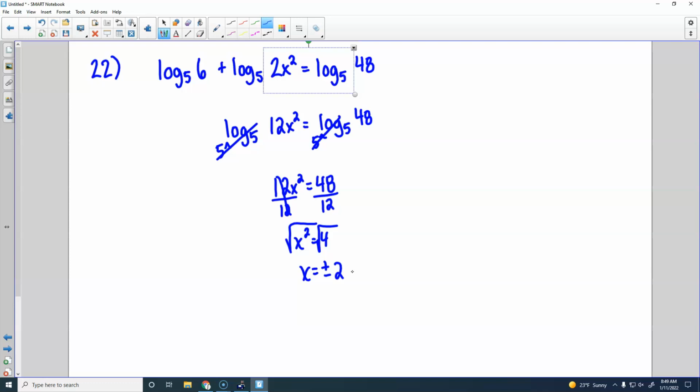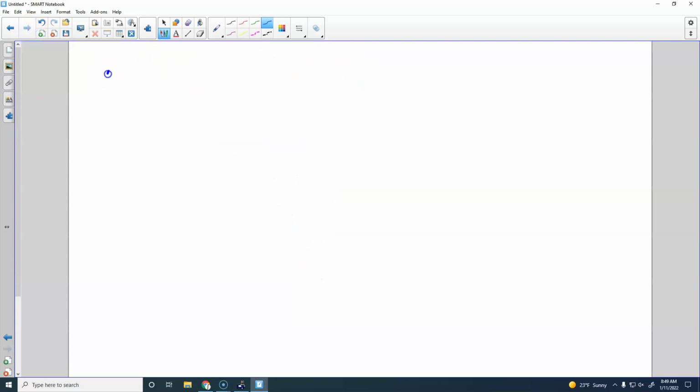Alright, other ones that we need to see. Okay, so for 24, it doesn't hurt to see one more with the division. We got natural log of negative 3x minus 1 minus natural log of 7 equals 2. So when we combine these natural logs, we got subtraction this time, so we need to use division.